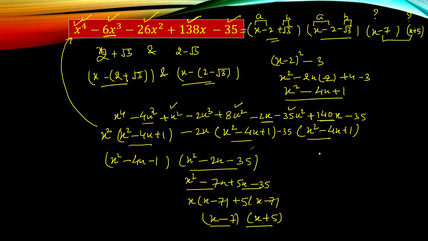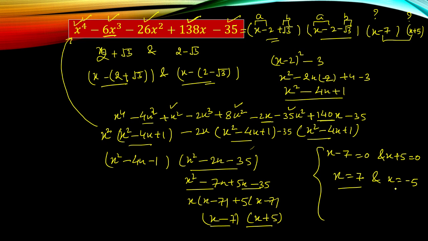So how can we get the zeros? Two zeros we have, remaining two zeros are required. So if we equate the factors to 0, x minus 7 is equal to 0 and x plus 5 is equal to 0. So ultimately we are getting x is equal to 7 and x is equal to minus 5.